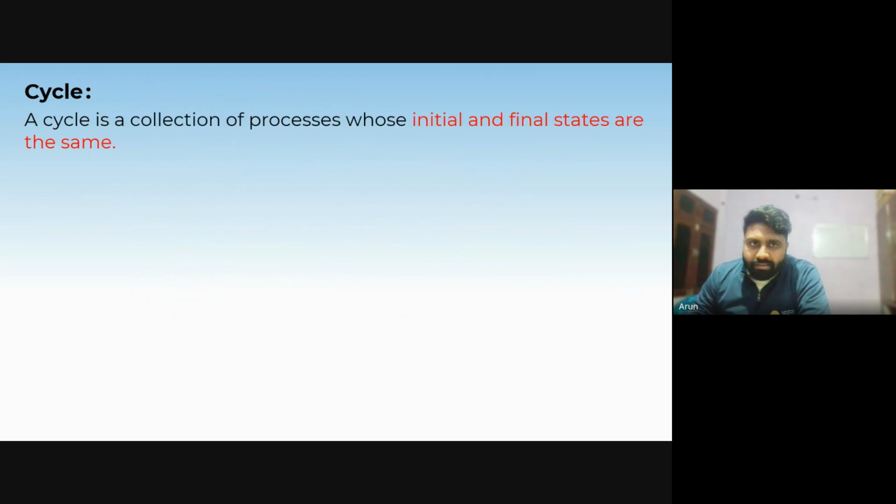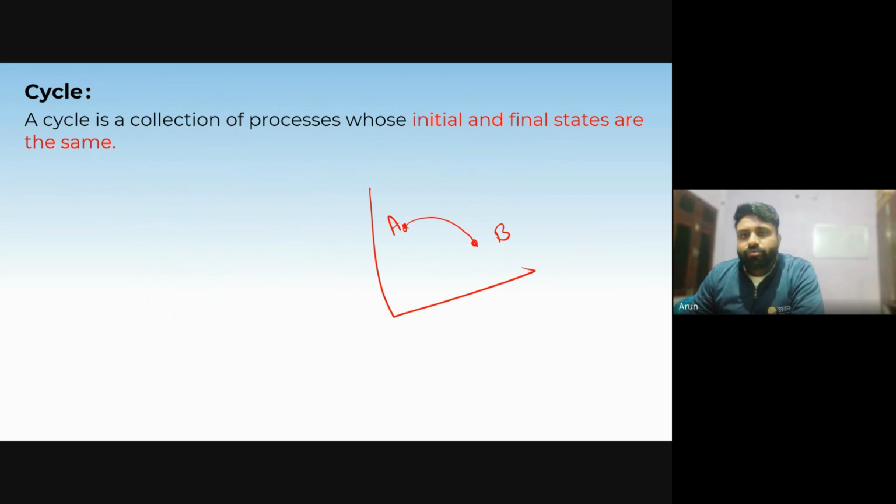Now cycle. This is the last topic. Then we will cover the rest in the next class. It will hardly take 30 seconds or 1 minute. So a cycle is nothing but a collection of processes in which the initial and final states are the same. Suppose we have state A and we have state B. So you have gone from state A to B, and then again you have reached state A. This kind of process is termed a cycle, in which the initial and final states are the same.